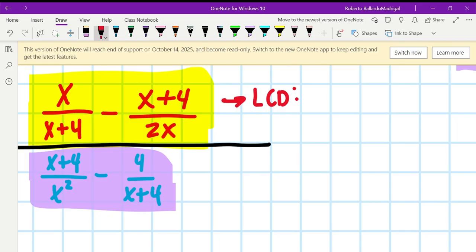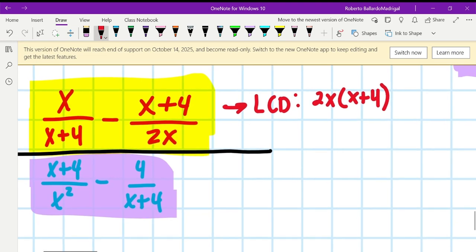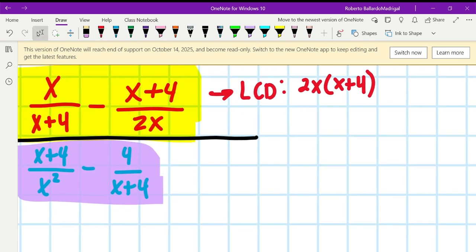There's nothing in common, so our LCD will be the product of 2x and x plus 4. That will be my LCD for the top. We're only going to focus our attention on one part at a time, so we're only doing the top right now, but then we'll come back to the bottom.